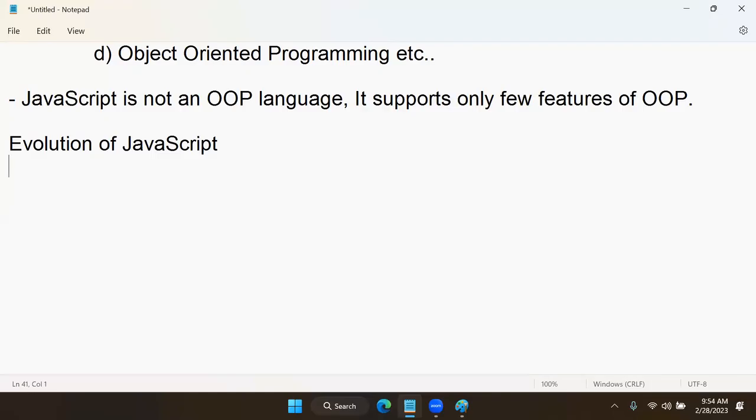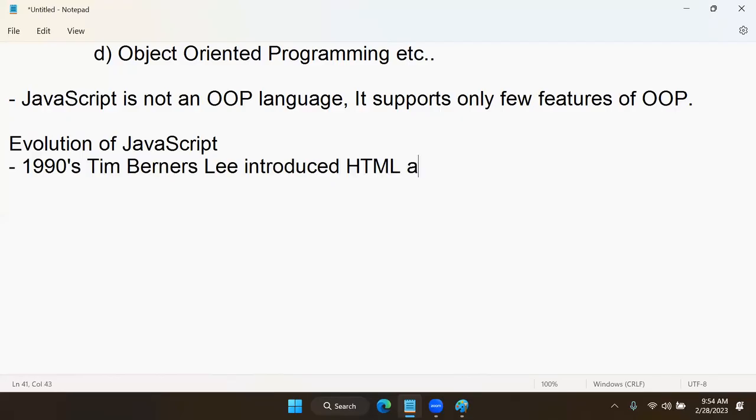Actually, in the early 1990s, Tim Berners-Lee introduced HTML and a concept called the web.